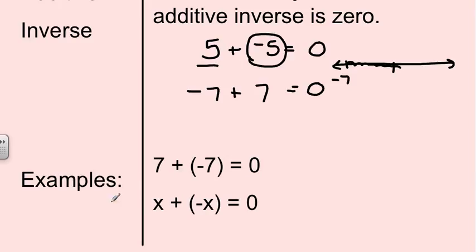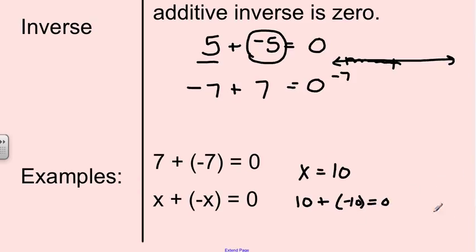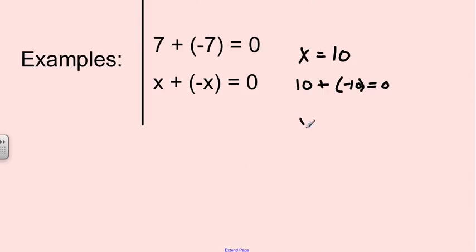There are some examples, and we'll throw the algebraic example in here because this allows us to plug any number in. I could tell you that x equaled 10. And if x equaled 10, then I would have 10 plus a negative 10, and that would equal 0. I could tell you that x equaled negative 13.